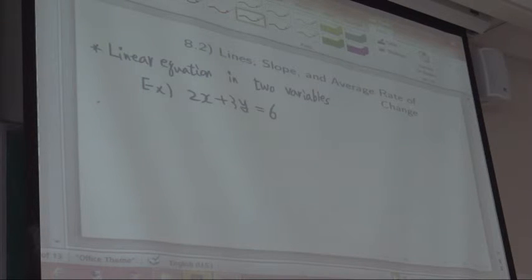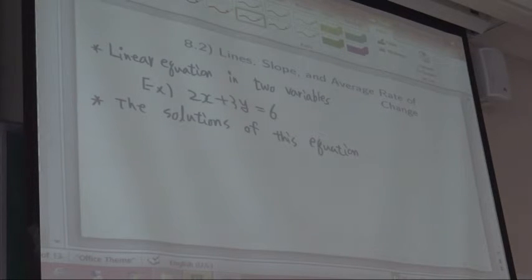And sometimes we have a solution for this linear equation. So the solutions of this equation, there are many solutions, actually infinitely many solutions.